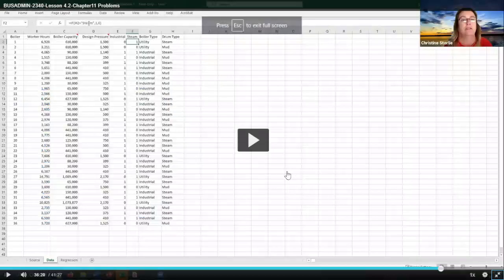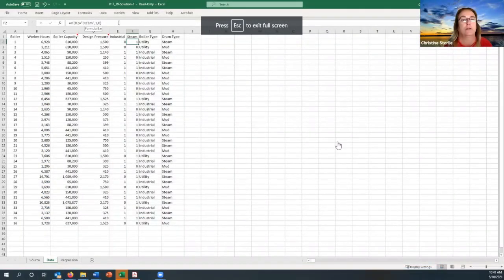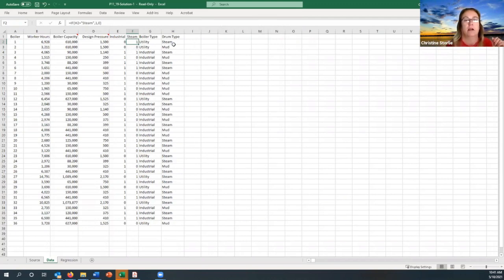So done with that. Every time you see mud it's a 0, and every time you see steam there's a 1. So that's a dummy variable. I'm sorry I didn't get to explain that in chapter 10, but it works the same way.